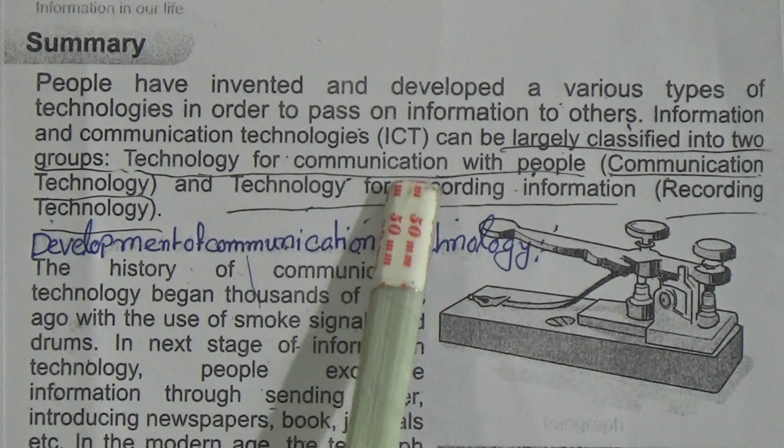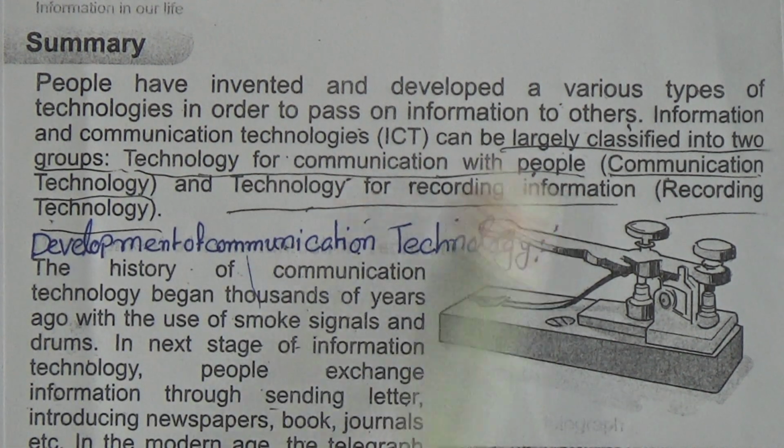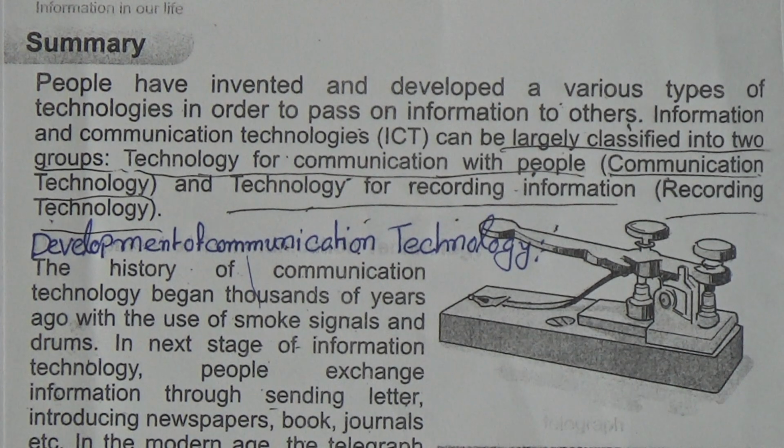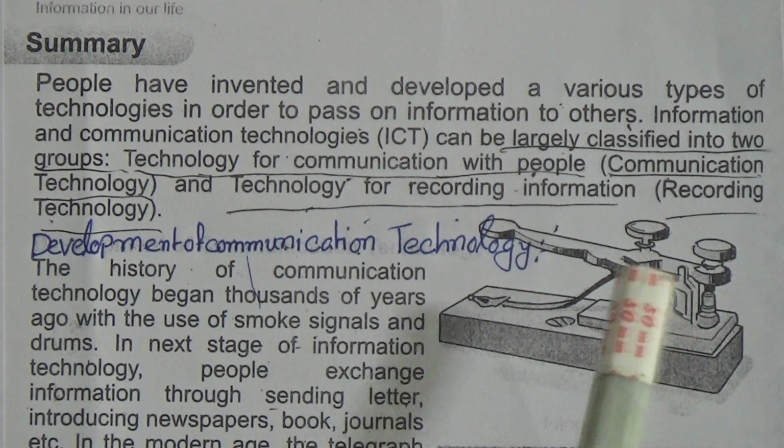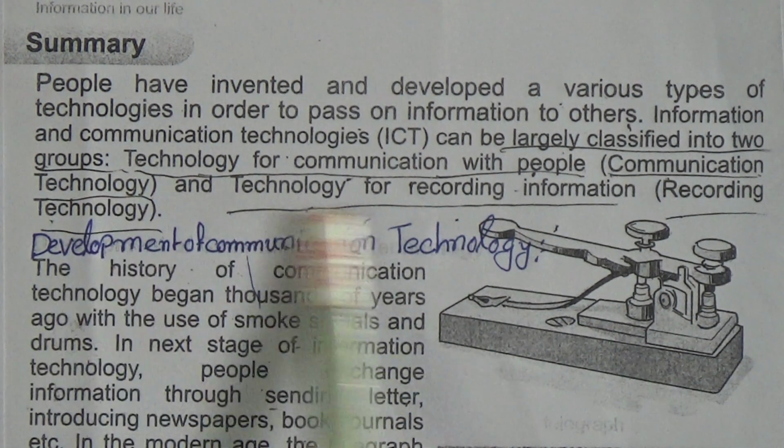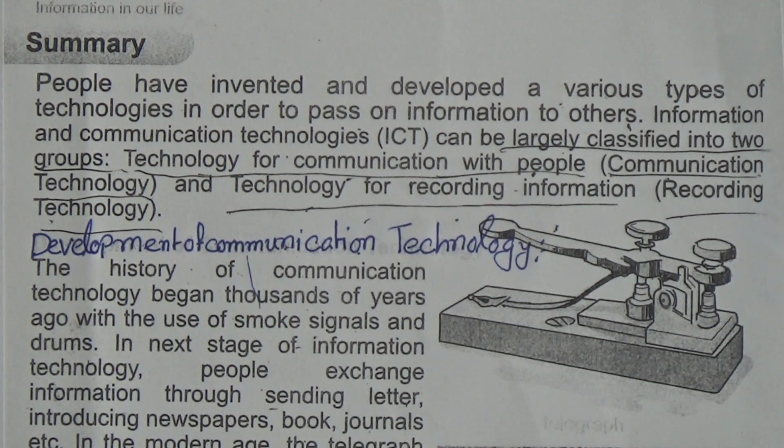Technology for the communication with people, that means communication technology, that means the tools which we use to communicate with other people, like our telephone, our land phone, our mobile phone, our different kinds of devices. Mobile phone, telephone, land phone, they are used to communicate with other people.